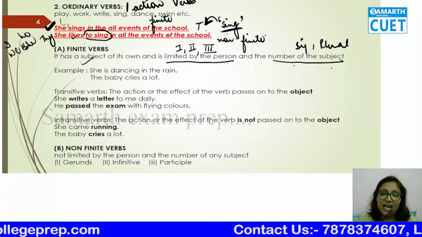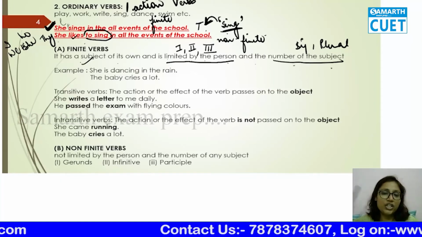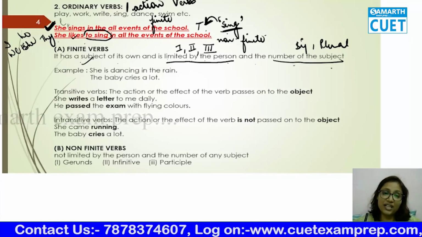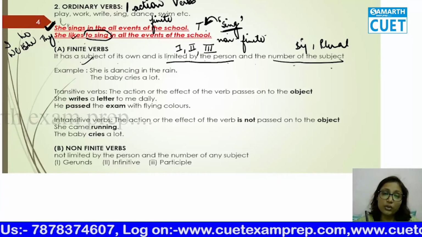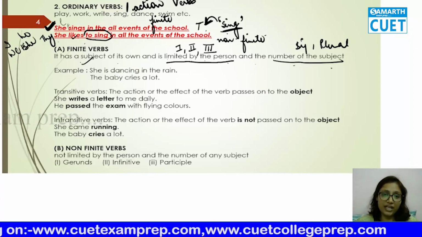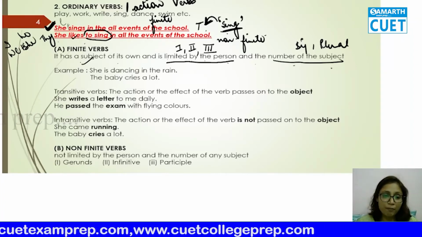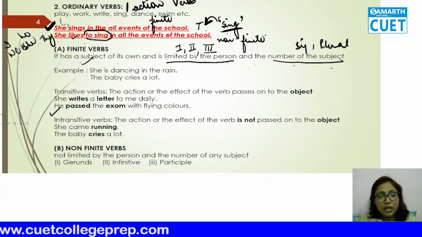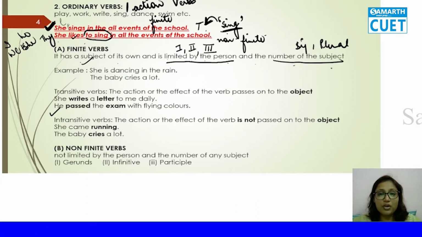So she writes a letter to me daily. She writes, what is she writing? A letter. So action of that writing is passed on to the object, which is letter. Again, he passed the exam with flying colors. That means उसने क्या पास किया है? एग्जाम. तो वो पास किस पे हम लोगों के हमने एक्शन पास किया? ऑब्जेक्ट पे.